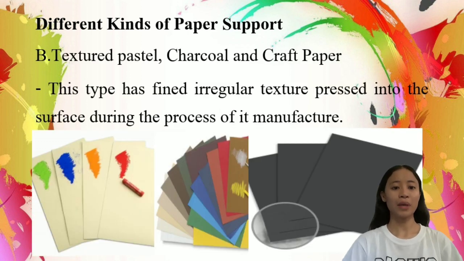Second kind of paper is the textured pastel, charcoal, and craft paper. The tooth or yung surface feel of the paper's tooth is yung texture or smoothness ng papel. So the tooth and hardness of the paper vary according to the manufacturer, though most have a hard vellum surface which with moderate sizing.